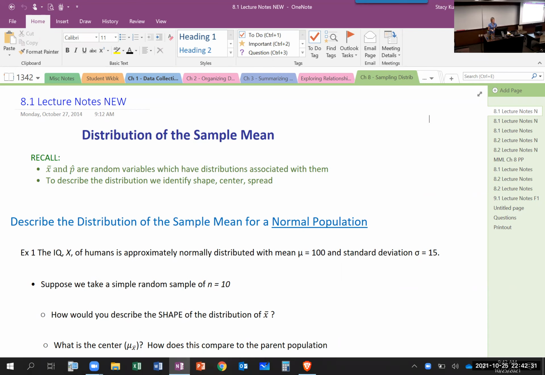And in this, we've got X bar. Up on the screen, what does X bar stand for? What does that variable stand for? It identifies what? A sample mean, right? And p hat is actually going to be the sample proportion.